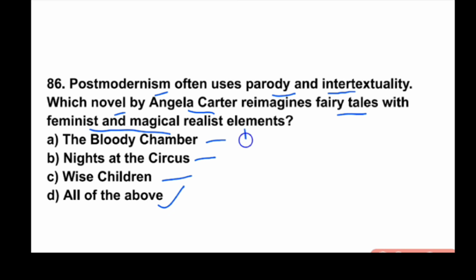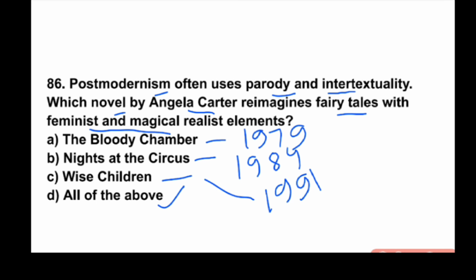The Bloody Chamber, 1979, Nights at the Circus, not in the circus, at the circus, 1984, and Wise Children, 1991. Next question. Uses postmodern techniques to challenge gender norms.